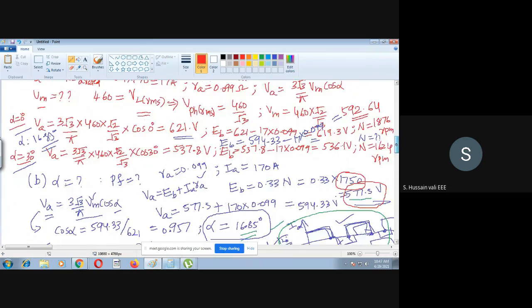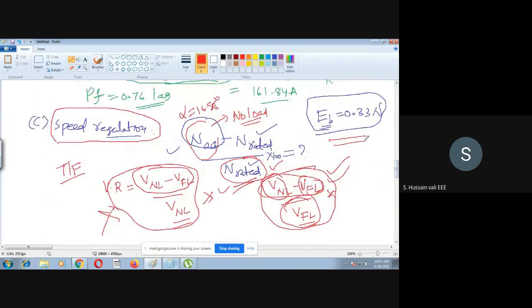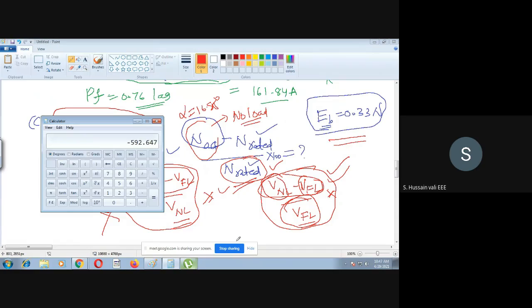Once we got EB, how do you find N now? Because you have an equation here: EB is equal to 0.33 N. So divide by 0.33. We get 1795.9.